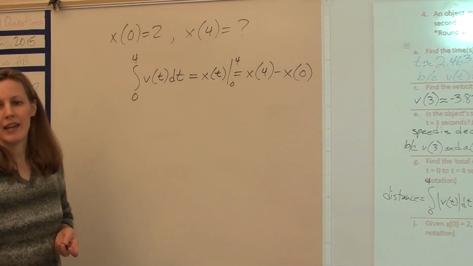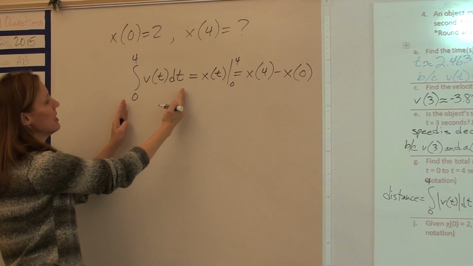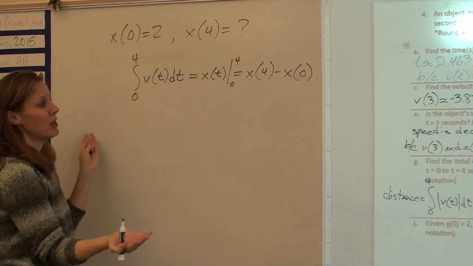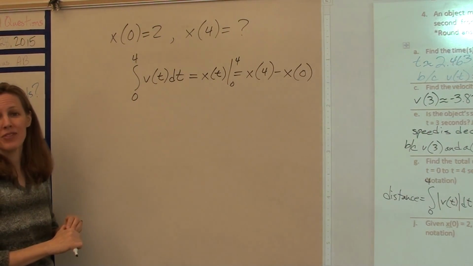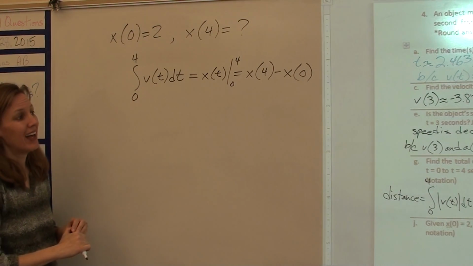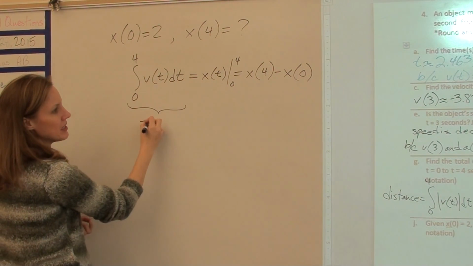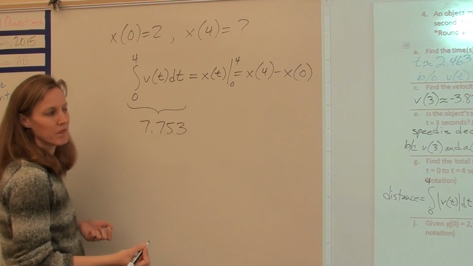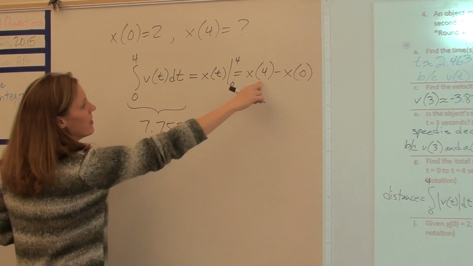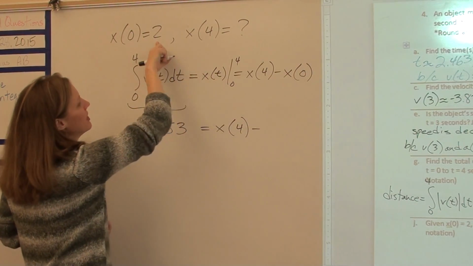And now we're going to plug in and solve the equation. Hey, this is the integral from 0 to 4 of velocity. Have we already found that somewhere? Probably. Where did we find it? It's displacement, right? So this right here is 7.753 roughly. And x of 4 is what we want. x of 0 is given, it's 2.